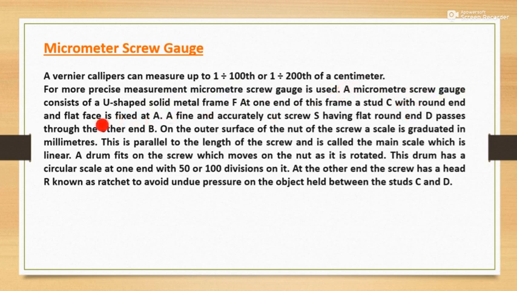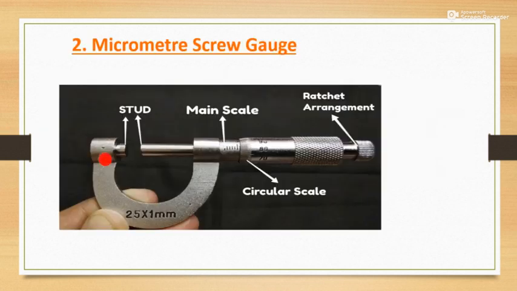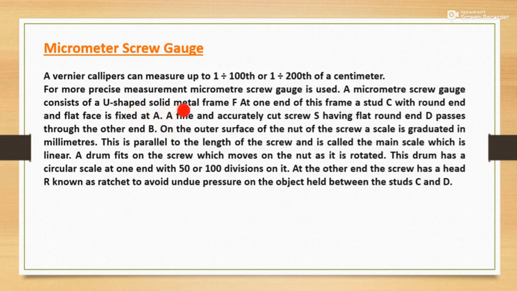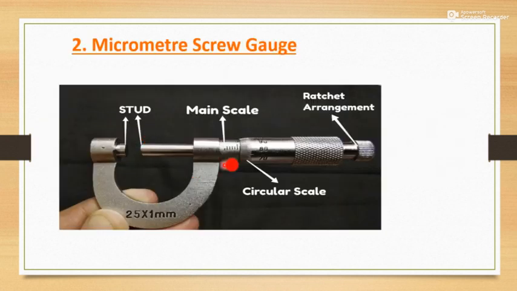A screw gauge consists of a U-shaped solid metal frame F. You can see the U shape here. At one end of the frame, a stud C with a round end and flat face is fixed at A. It means that this part is fixed, and this is the circular part.